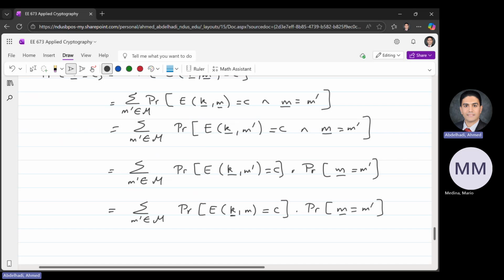Yeah, with the last one. So basically, the second term is the same. The first term will change from M prime to M. So why are these equal?